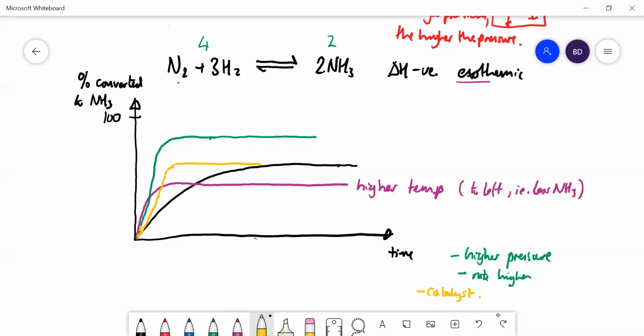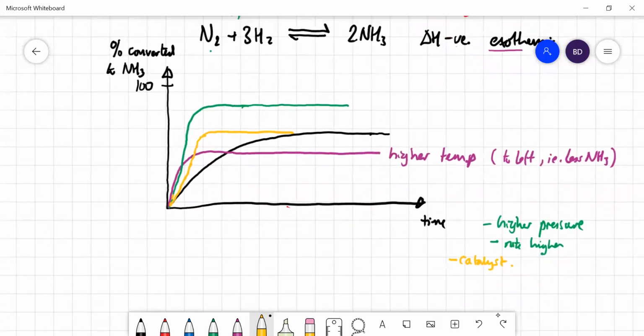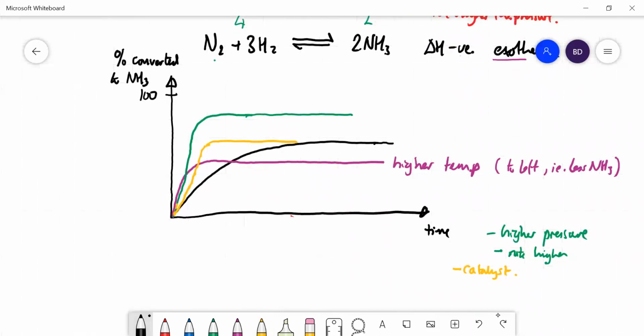I think we should also say here, it's a bit of a GCSE thing, but if you remember the conditions to make ammonia, the Haber process, for a good equilibrium yield, you wanted to push it to the right, so you should use a low temperature.